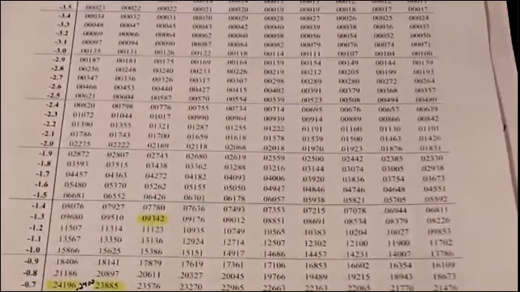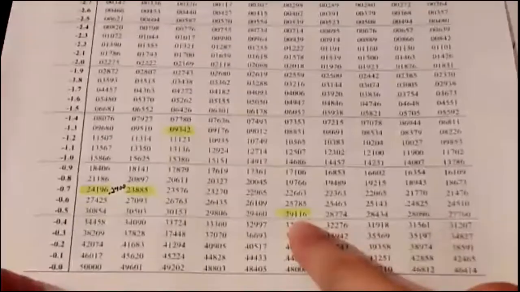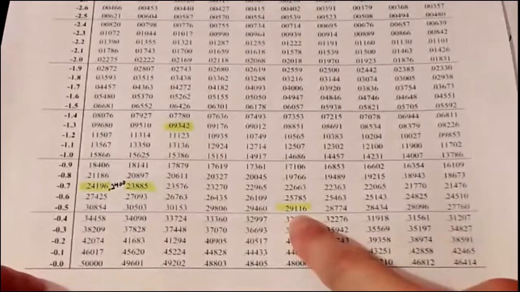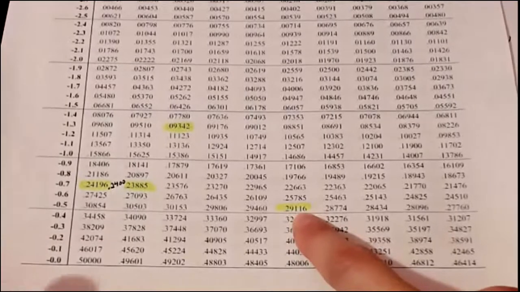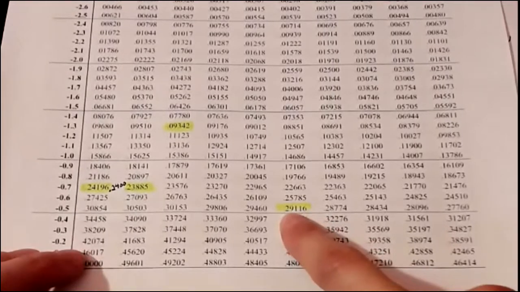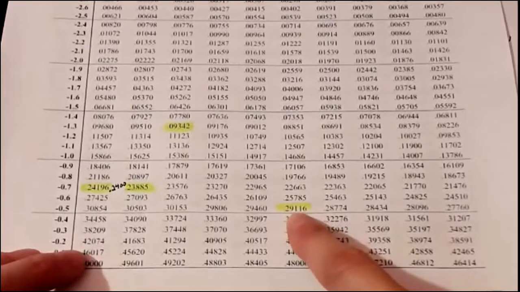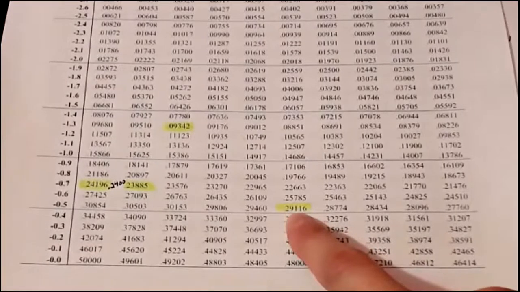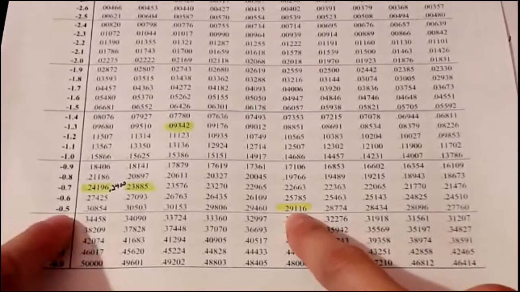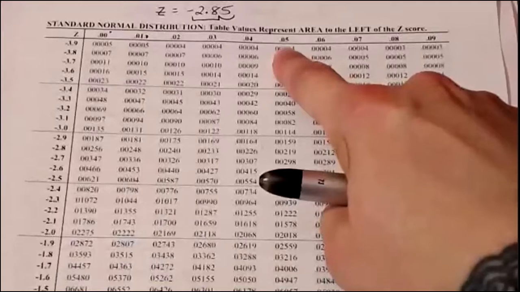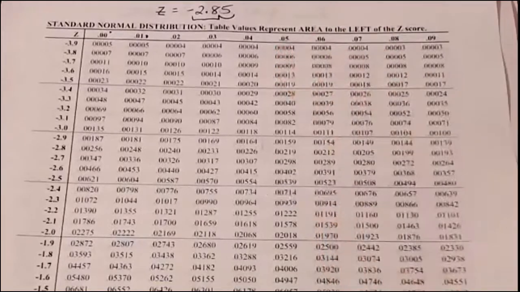So 0.2912 is actually right here, right? 0.2912 is practically this value. It was just rounded to the ten-thousandths place as opposed to the hundred-thousandths place. So 0.2912 is this particular value, which I highlighted. This has an associated z-score of negative 0.55. It's not 0.5. Think of it like this.